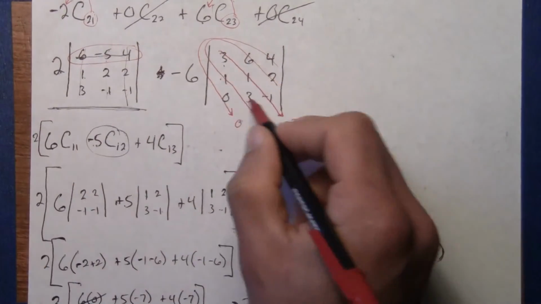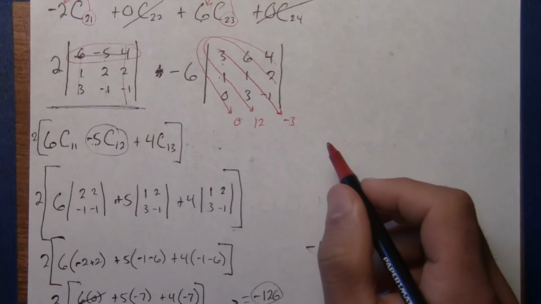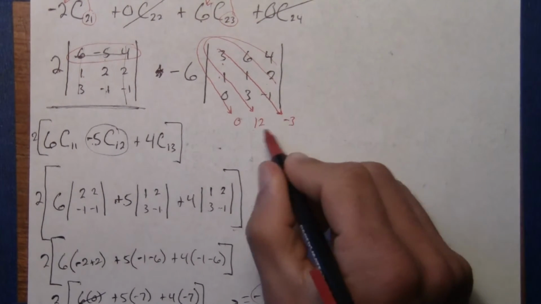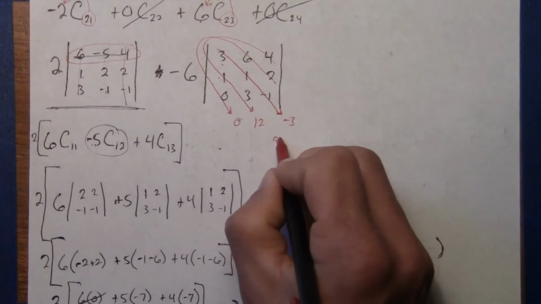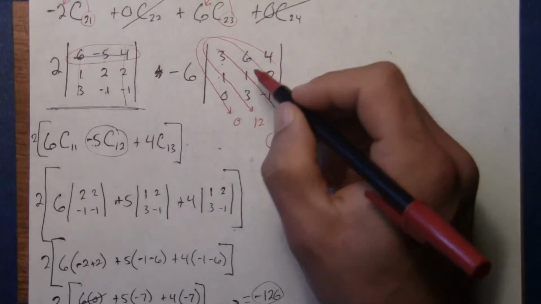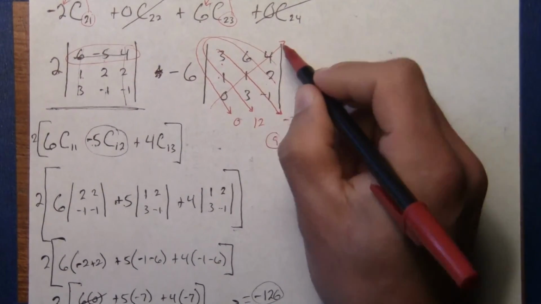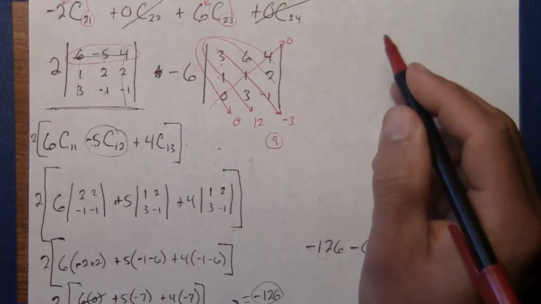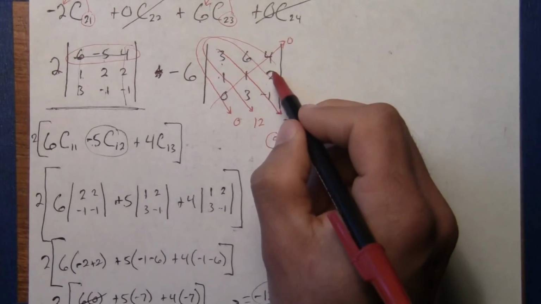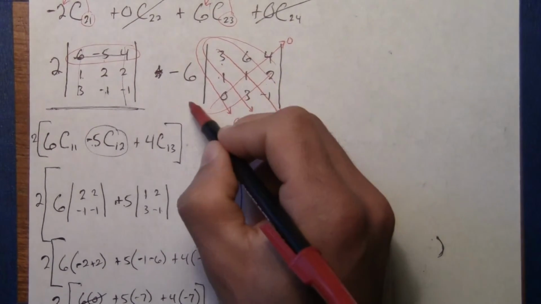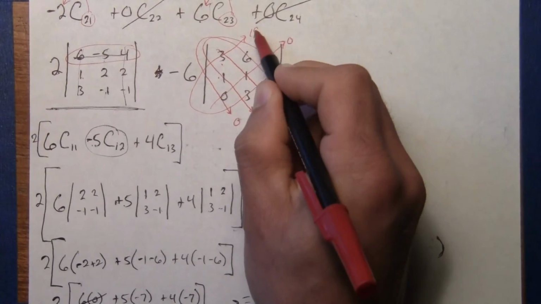Now if you've got big numbers in here, this maybe isn't the most convenient way if you don't have a calculator, because you're going to get big numbers to deal with. So it looks like the bottom number is 9. Going the other direction, I have 0 times, doesn't matter what those two are, it's going to be 0. I have 2 times 3, so 6 times 3, or 18.